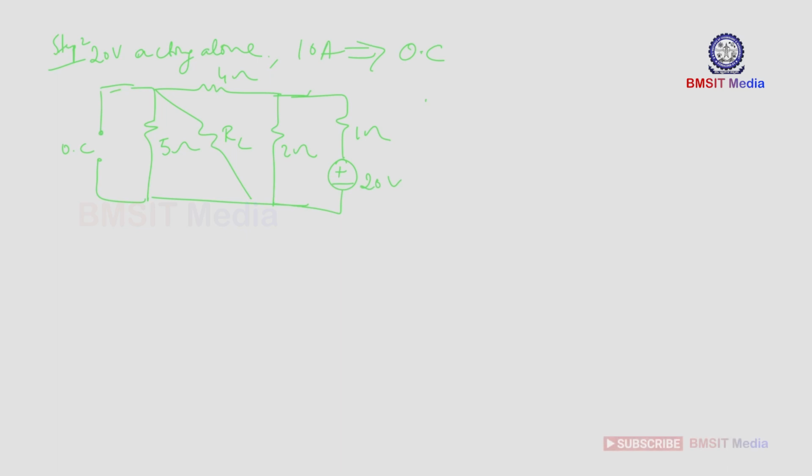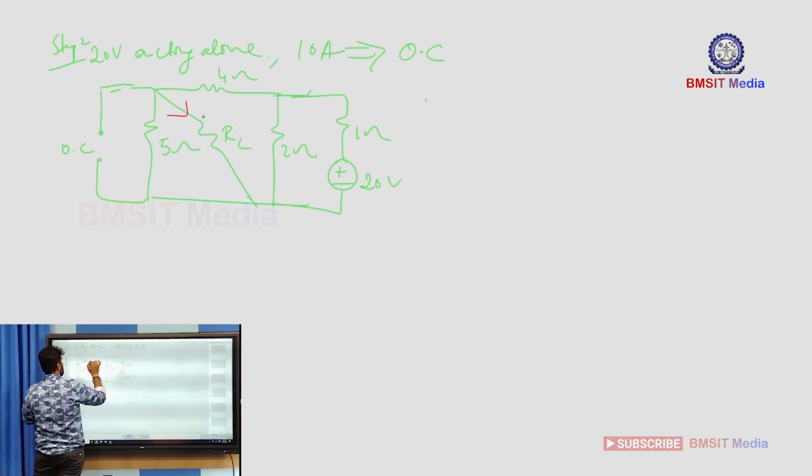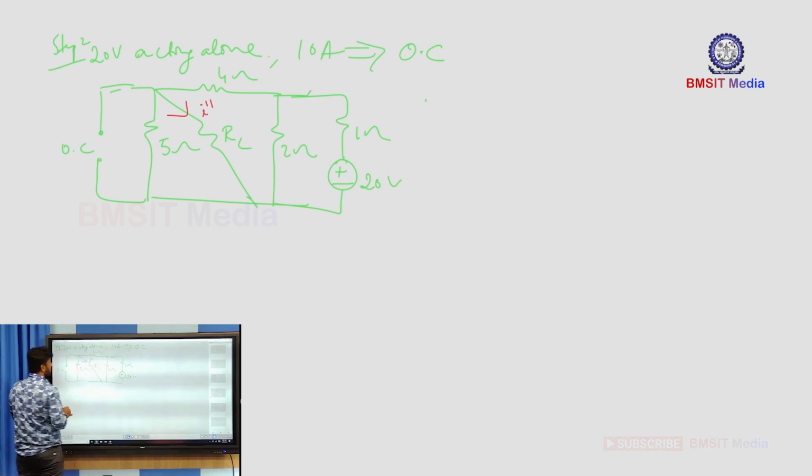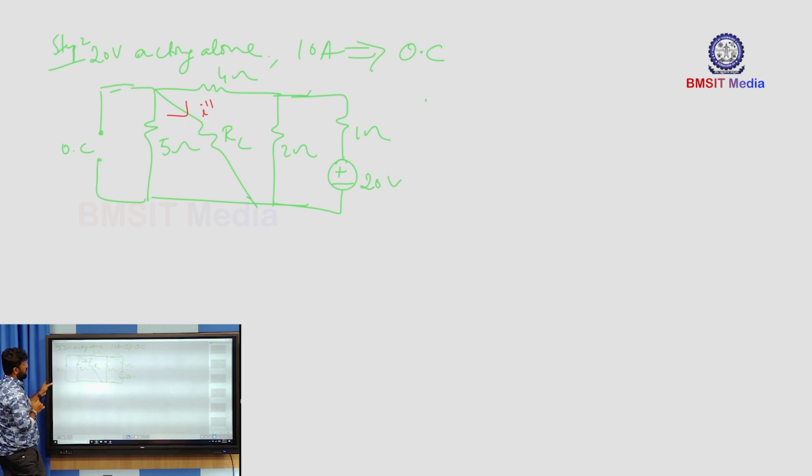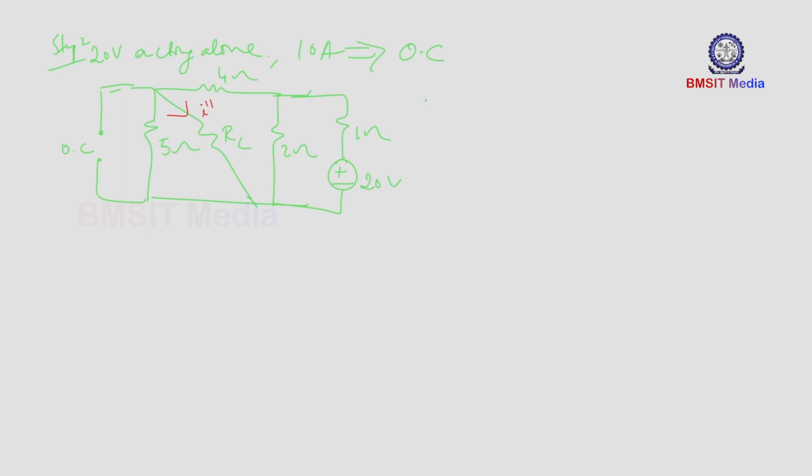Now we need to find the load current, which I will call I double dash. I double dash represents the current in the load resistance RL when the 20 volt source is acting alone. Let me simplify this network.